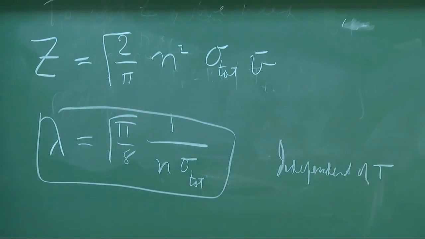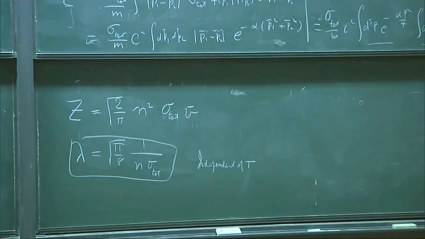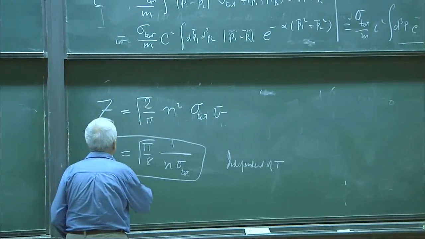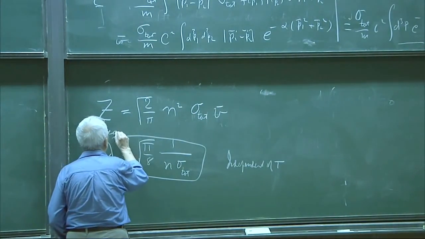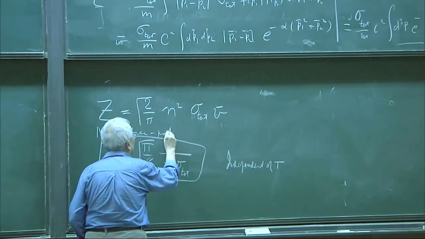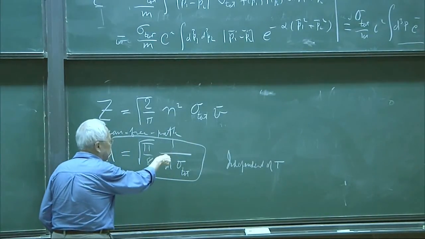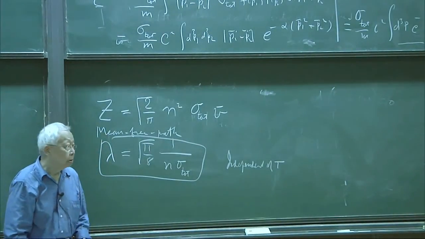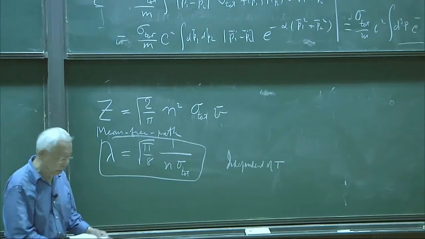It's inversely proportional to n sigma total, and you can define this as the mean free path. It's inversely proportional to the density, which makes sense, right? The denser the particles, the smaller the mean free path.